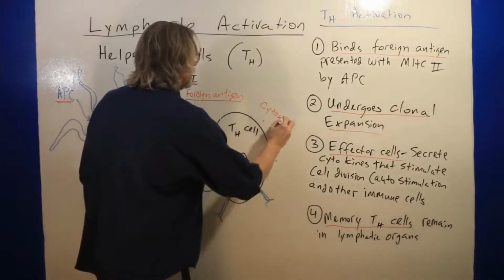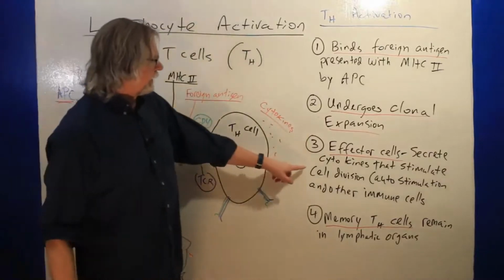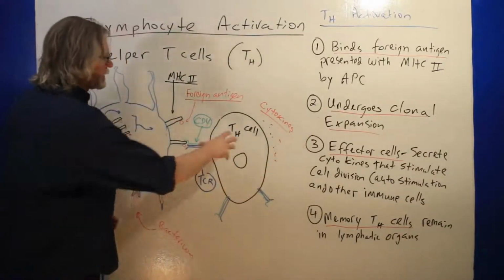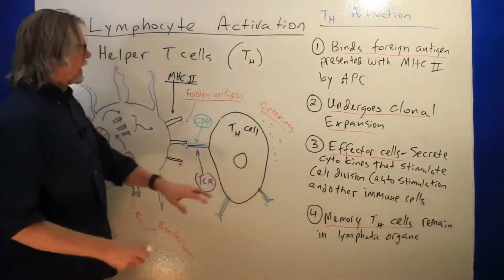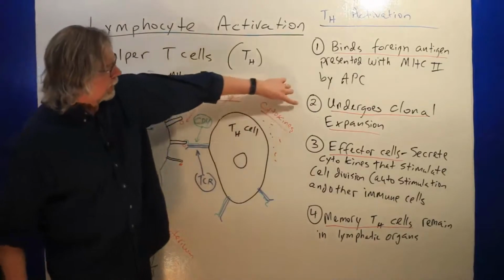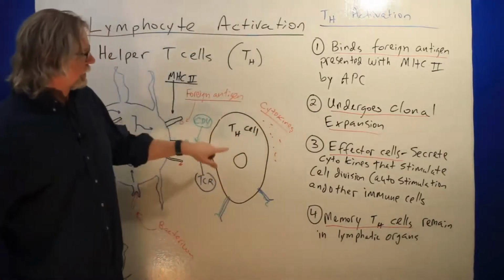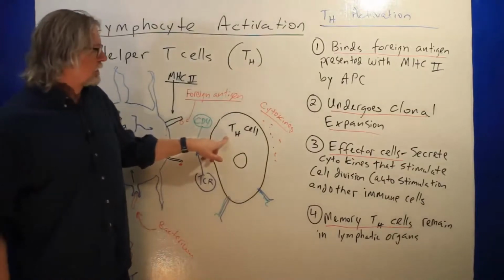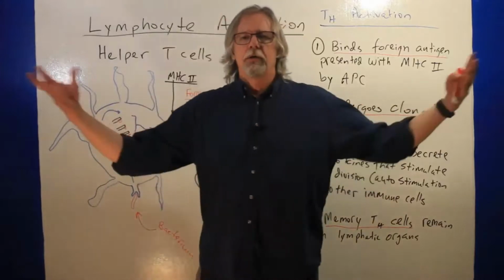Cytokines are signaling molecules, and the effect of the cytokines is these actually stimulate this cell, autostimulation it's called, to undergo cell division. So that's part of what happens in clonal expansion. But not only this T cell, remember this is a helper T cell, this is going to help other immune system cells to also divide.